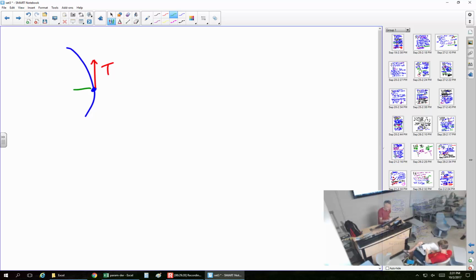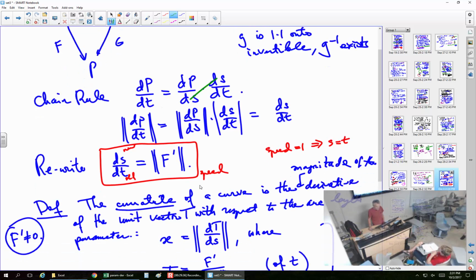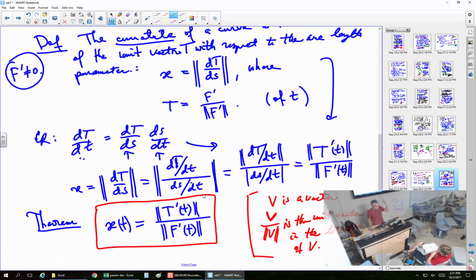And then its T prime will be directed in the perpendicular direction towards the turn. That still does not give me the numerator. I still have to take the magnitude, and then divide by the speed. So let's carry that out. I think the next line will be the curvature.